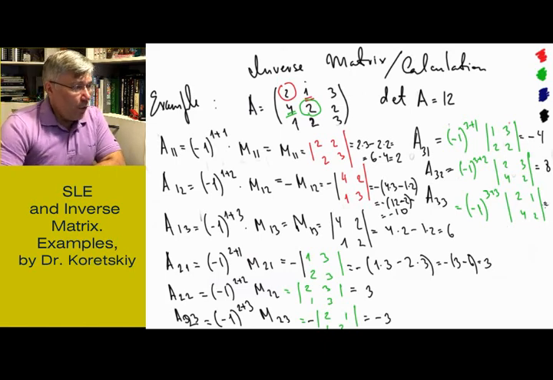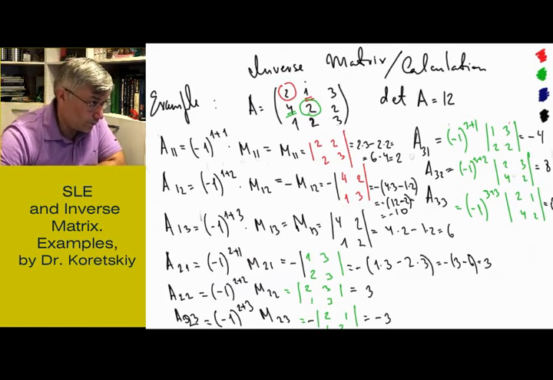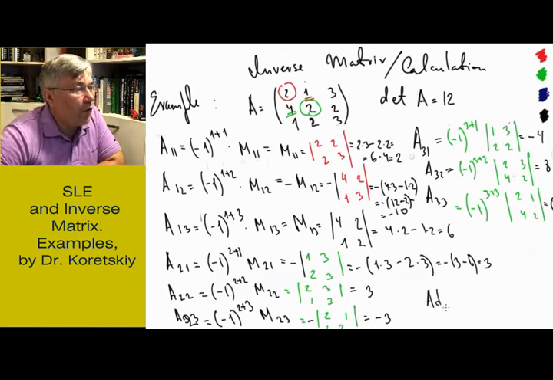So now we are ready to make an adjacent matrix. This matrix consists of elements of the cofactors here.